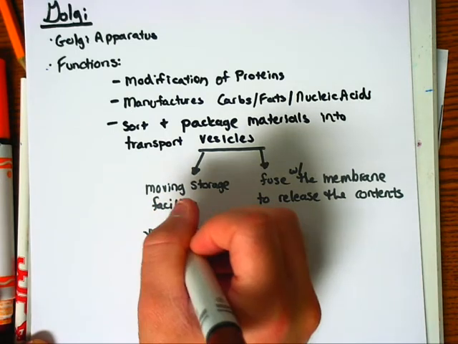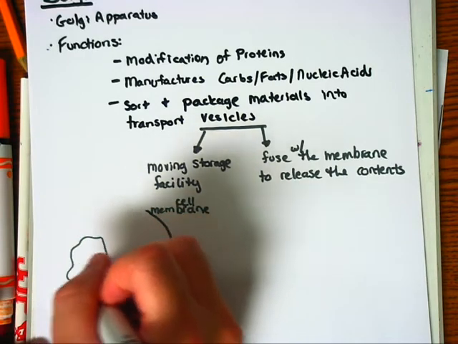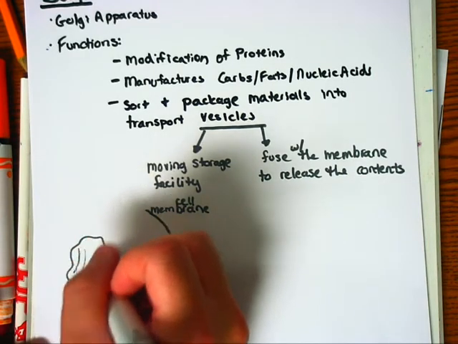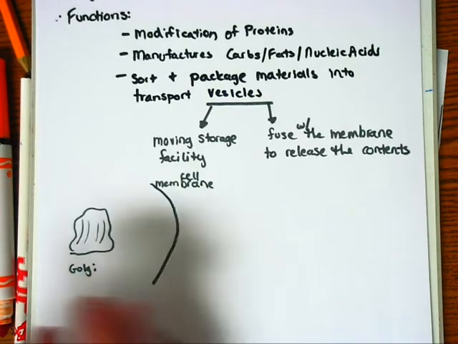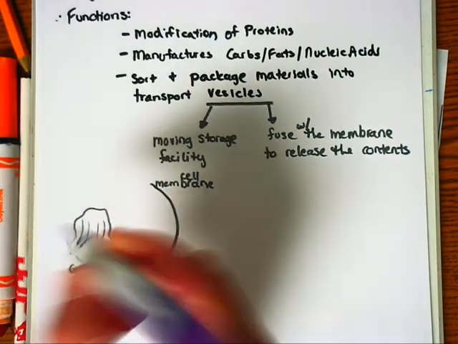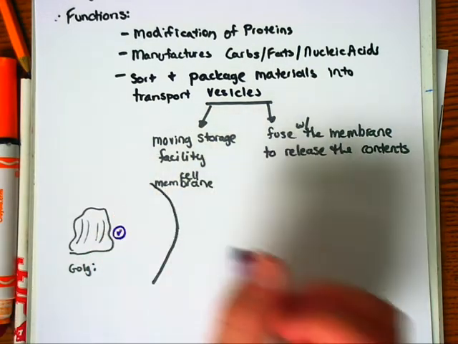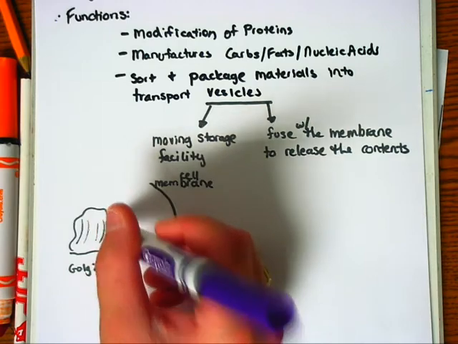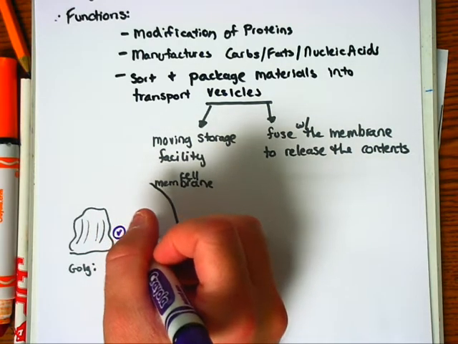So let's say that's the cell membrane right there. Let's say that this structure that I have drawn out here is the Golgi. As vesicles bud off, there's a vesicle that's budded off. It's got stuff in it that's important. Cool? The vesicle is going to travel towards the membrane.